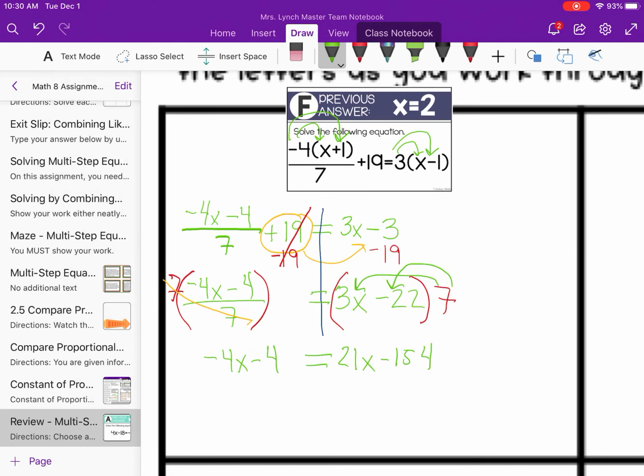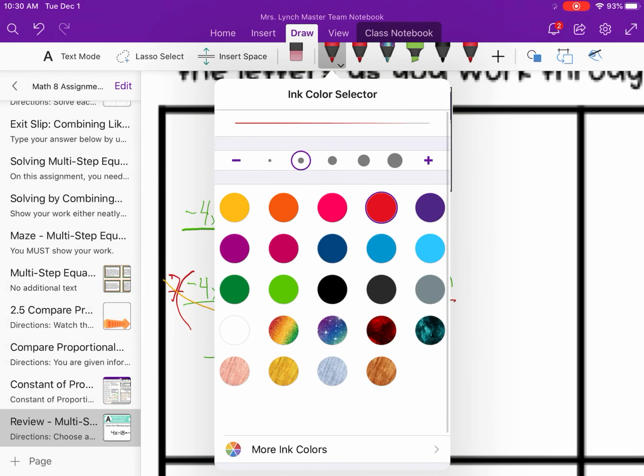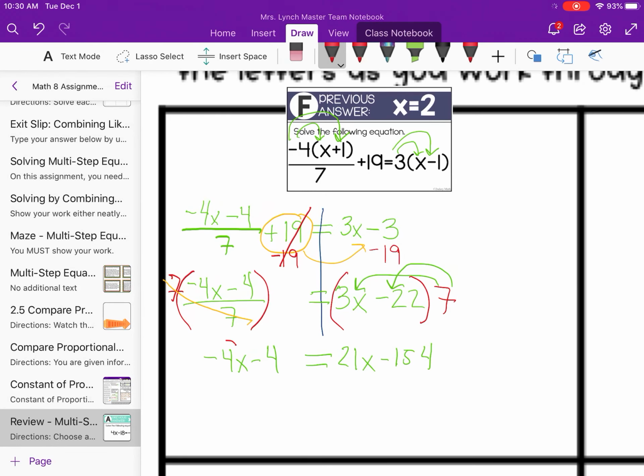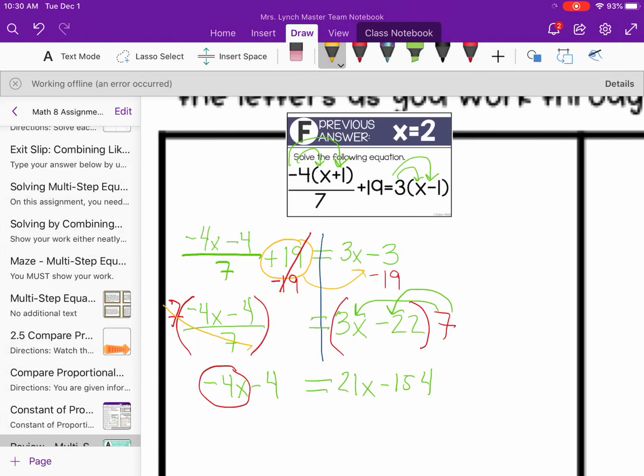So we can avoid some negative signs, let's focus on bringing this negative 4x over to the other side. So the opposite of a negative 4x would be to add 4x.